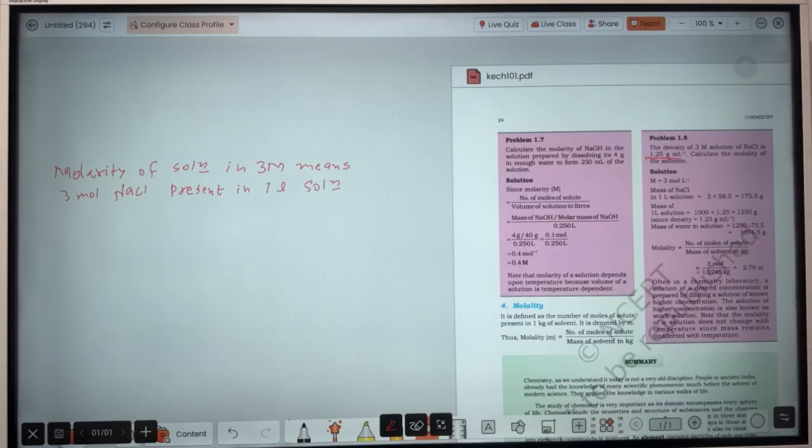So 1 liter means 1000 milliliter volume we can take. 1 liter means 1000 milliliter. Okay, density is 1.25 gram per milliliter. So let's see what will be its mass.